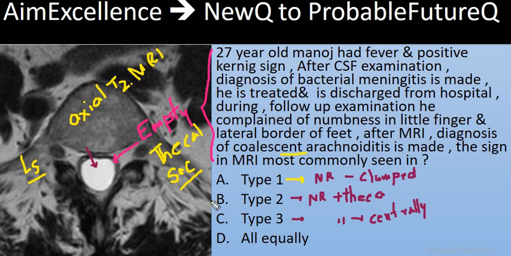So the answer to this particular question is type 2, where the empty thecal sac sign is seen.